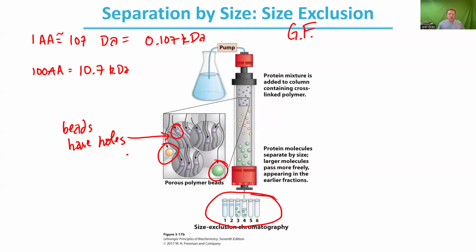You can separate based on molecular weights, and here's how I personally think about it. I'm going to give you three examples. Let's say we have a basketball, a softball, and a marble.